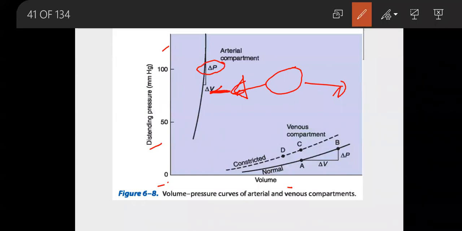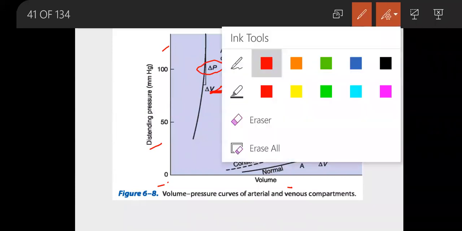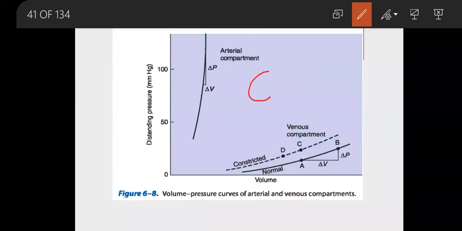And a very small change in the volume will cause a very high change in the pressure. This is what low compliance means, because compliance is directly proportional to the change in the volume divided by the change in the pressure. So as long as the change in the pressure is high, the compliance is low.